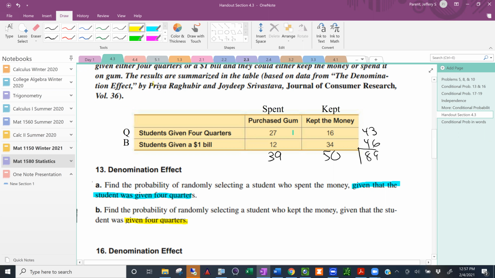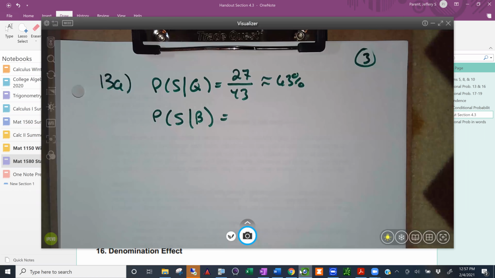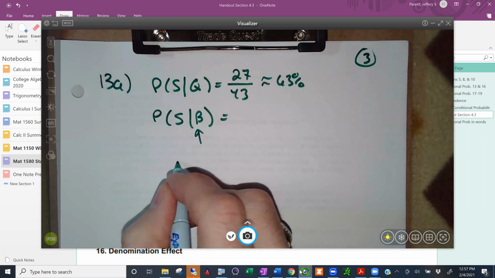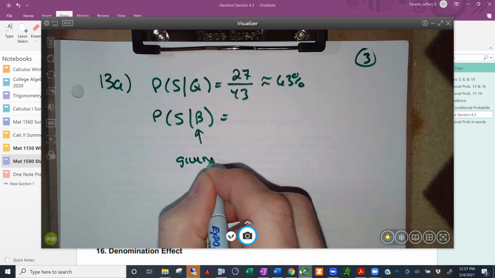Where am I at in this table? What should I highlight? Row B. It's this right here, because you're being told that the students were given a dollar bill.